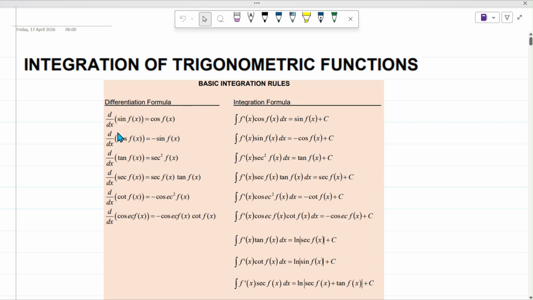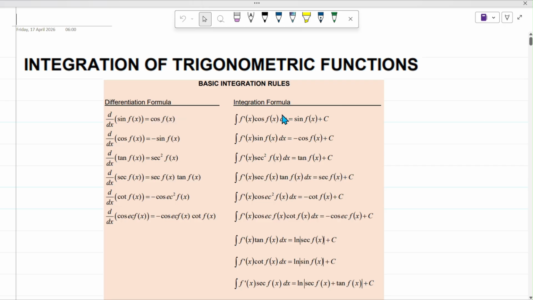If you have sine of x, this becomes cos of x. But if it's sine of x squared, then it's going to be 2x multiplied by cos of x squared. Makes sense, right? What I'm trying to say is that we always differentiate the argument as well.